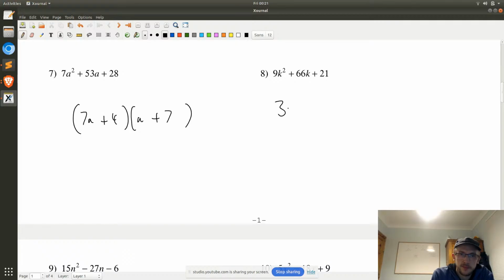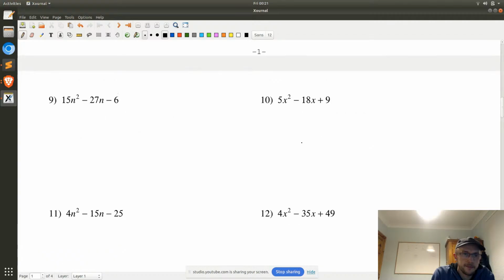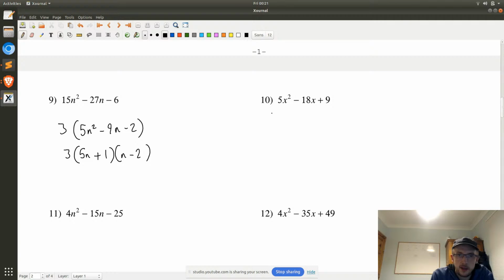Absolutely. Factor out 3. And continue. And huzzah! And factor out 3. And take 2 and add 1. That's good.